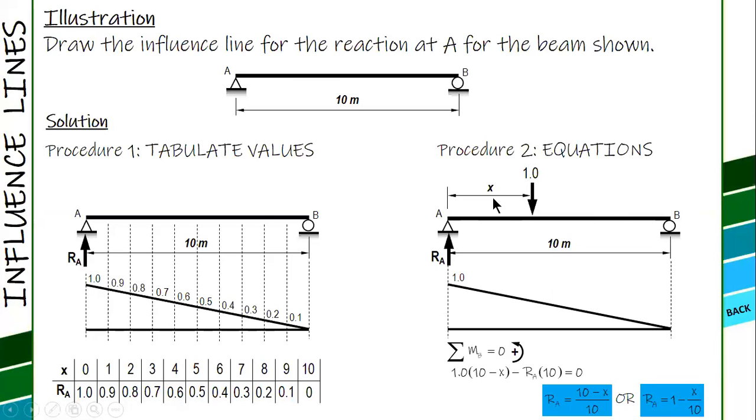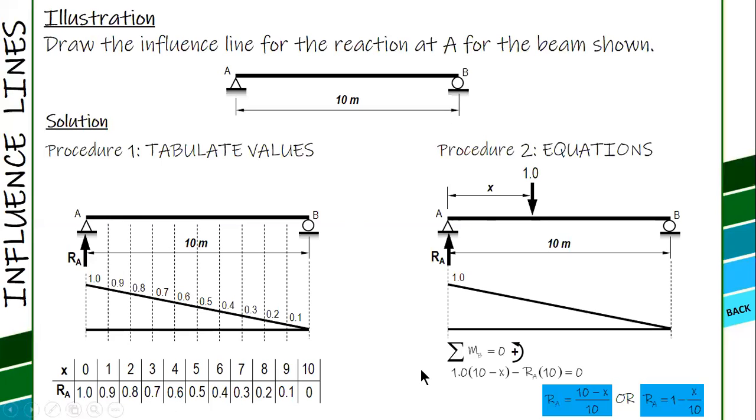So for example, if x is given, like when x is equal to 4, what's the value of RA? For the first procedure, it's in the table: when x is equal to 4, RA is 0.6. But when using equations, you just substitute x. When x is 4, 1 minus 4 over 10, the answer is 0.6.